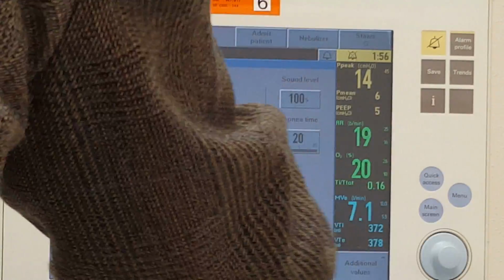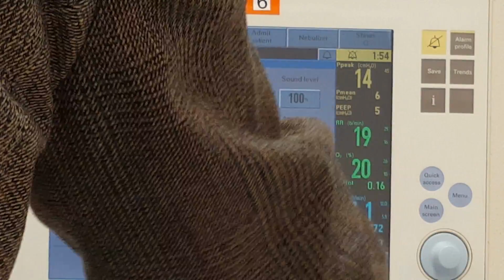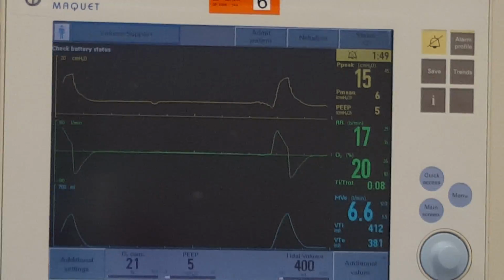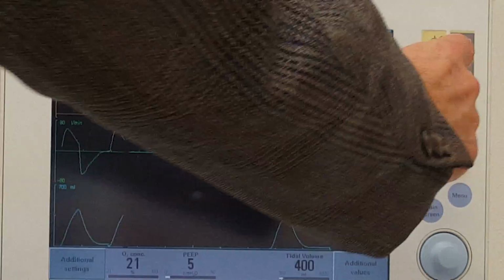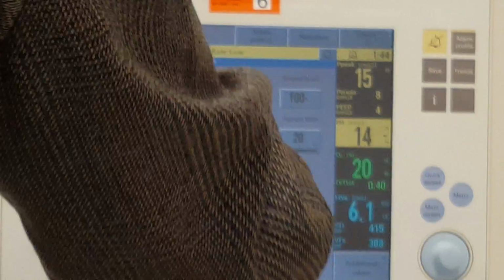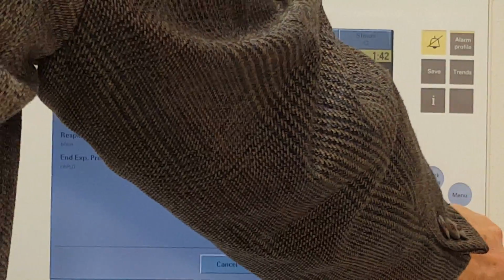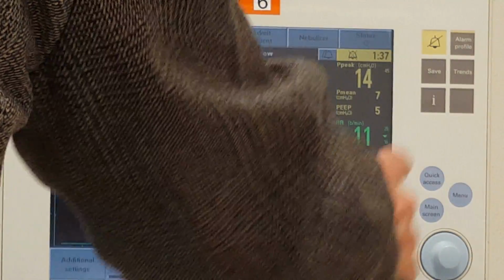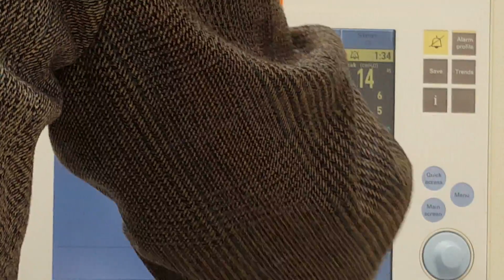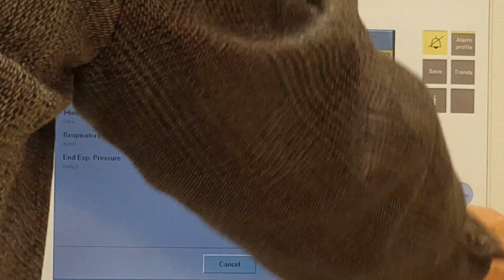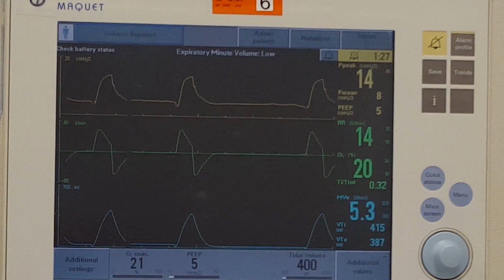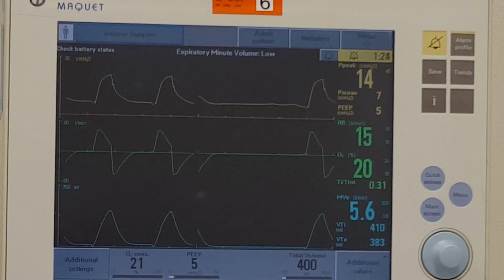Just our PEEP alarm, so it's not alarming on us. Our high respiratory rate, our low respiratory rate is also going to ring, because we have that set to 16. So let's put it down to 10. All right. We are at 15. I'm going to try and keep it there.